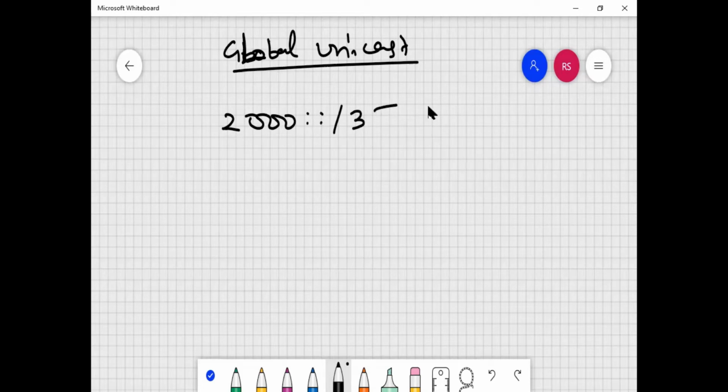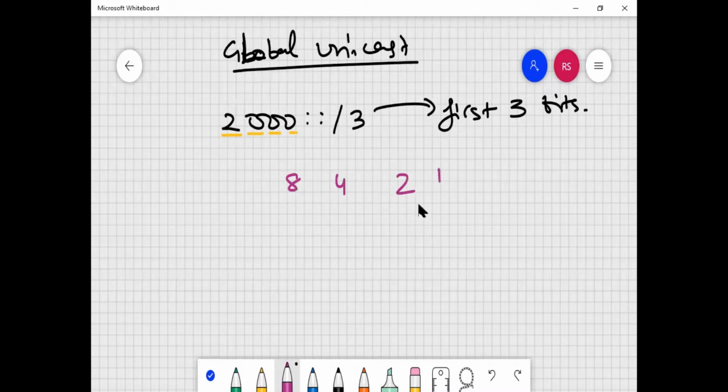It means we are binding the first 3 bits. When I say 3 bits, remember, this is 4 bits, this is 4 bits, this is 4 bits, this is 4 bits. So I am dealing with the 2, which means 8421. It is 0010.